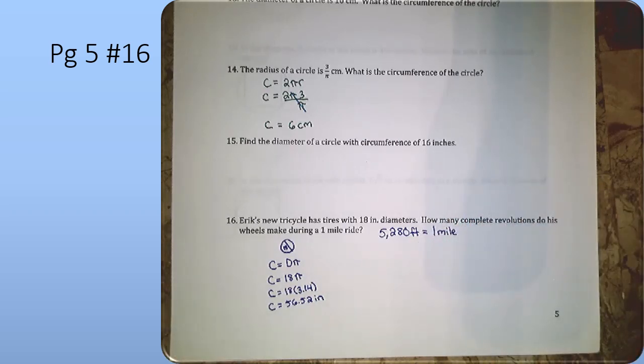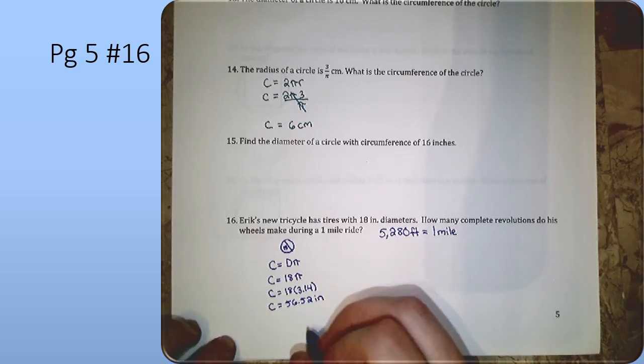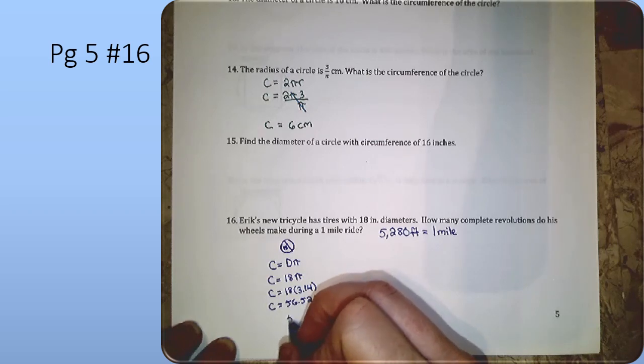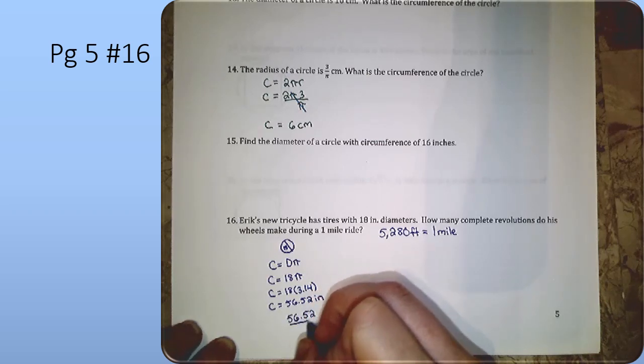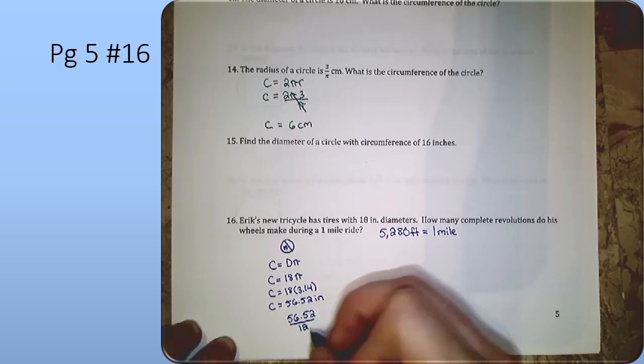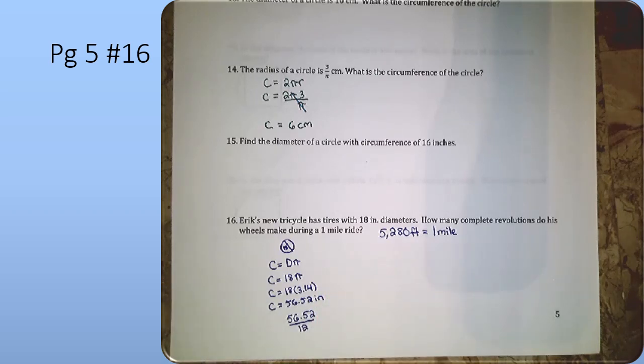That is a conversion that is given to you. Since this is in inches, I'm going to turn it into feet. So you have 56.52. If I divide that by 12, that's going to tell me how many feet this is.